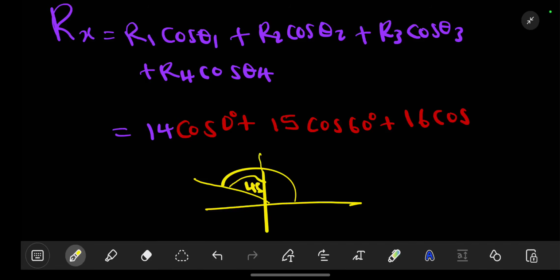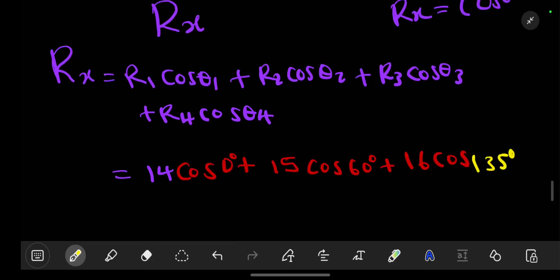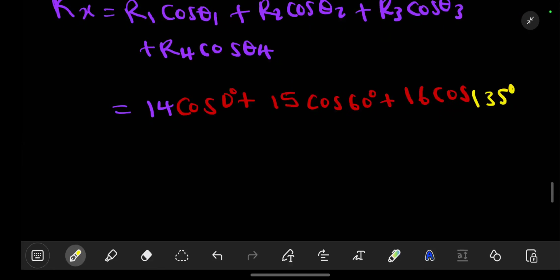So this angle will be equal to 90 degrees plus our 45 degrees, which will be 135. So we are going to say 135 degrees, which we are going to put here. So we have 135 there.